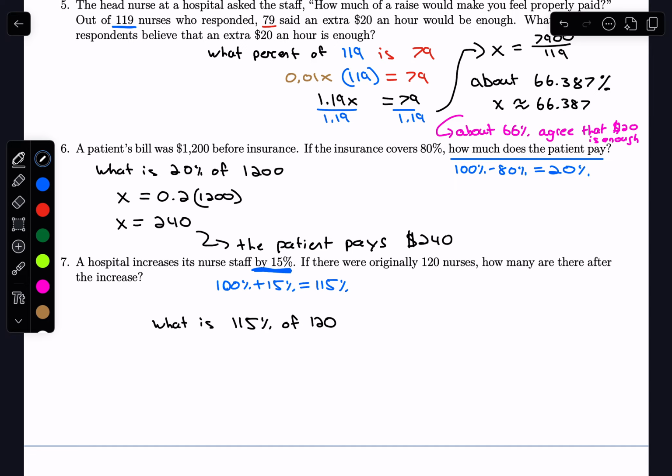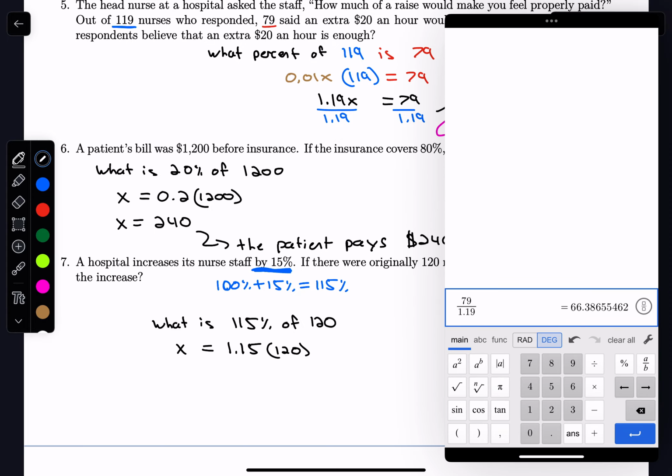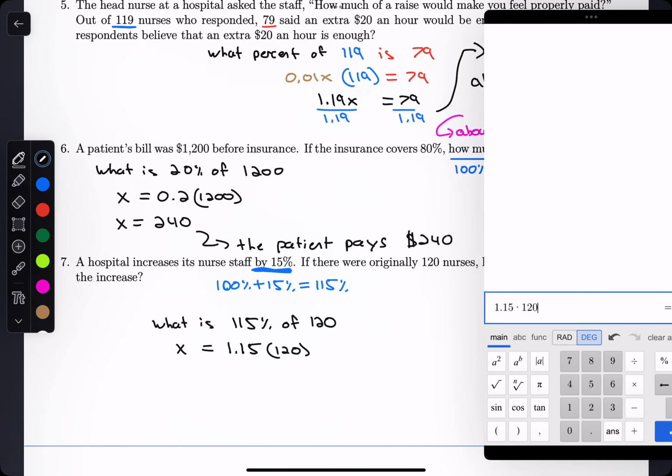Okay, so an increase by 15 means that we are increasing to 115% because you start at 100. So now we can translate this directly. What is, it's going to be x equals 115% is 1.15, and we're multiplying by 120. So all we have to then do is multiply this out. 1.15 multiplied by 120 gives me 138.